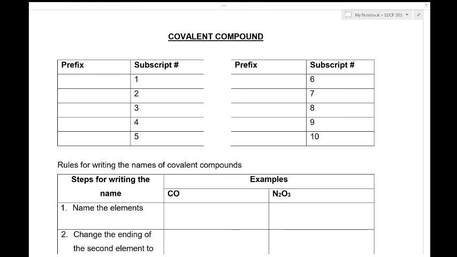So 1 would be mono. 2 would be di. 3 will be tri. 4 will be tetra. 5 is penta. 6 is hexa. 7 is hepta. 8 is octa. 9 is nona. And 10 is deca.